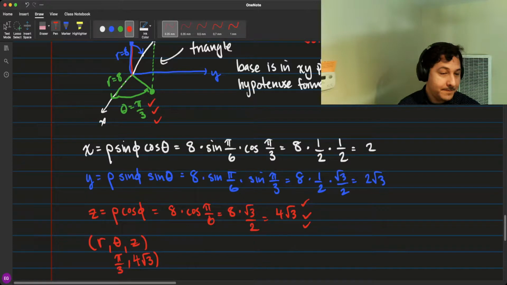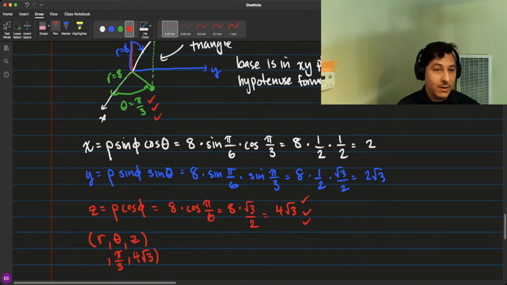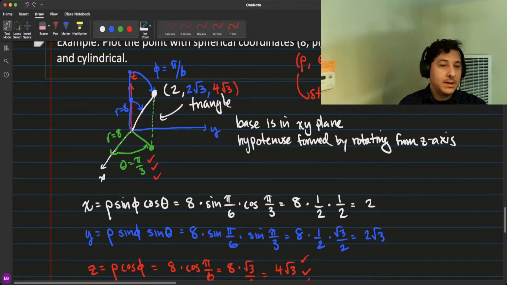Now, what might you think r is? You would think that it's 8, but it's not, and I'm going to point out why. 8 is your rho, which is the distance from your point to the origin, which is this white line right here.